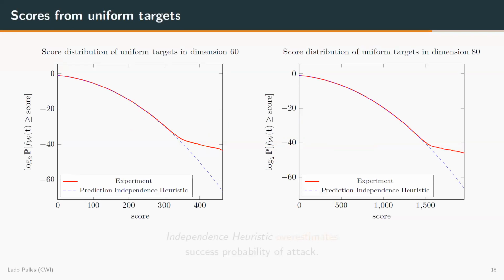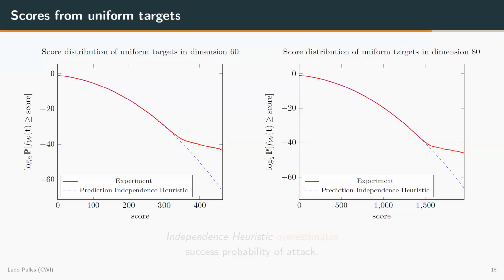These contradictions are in particular regimes, and we also wanted to test if they are visible in small experiments. So we took a number of uniform targets in small dimensional lattices, 60, 80, depending on what small is. With a lot of random uniform targets, we saw that this score initially follows this waterfall: in the log plot, the probability decays as a parabola, like a Gaussian would.